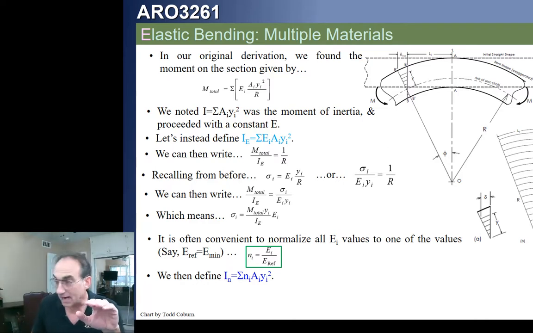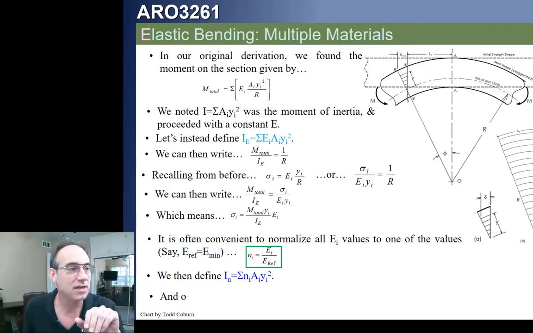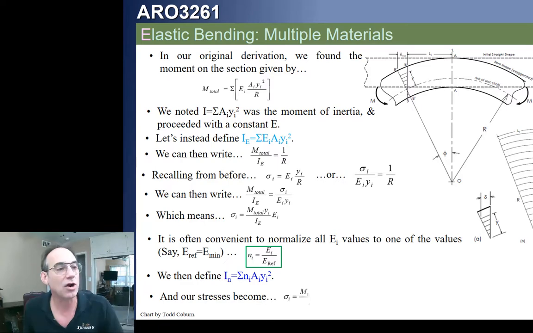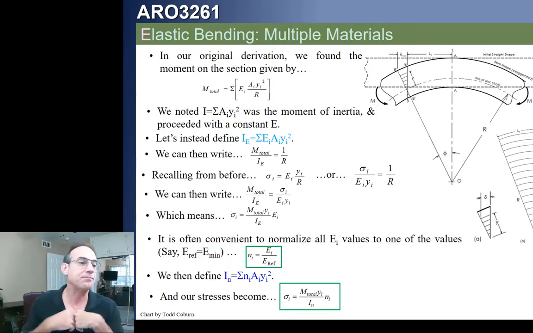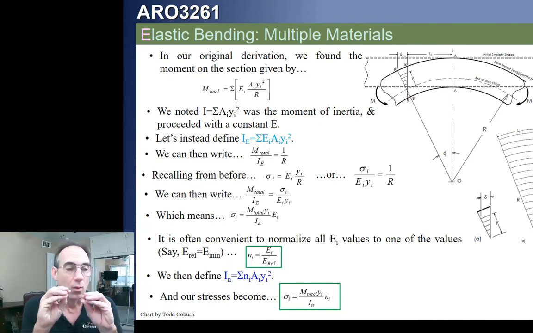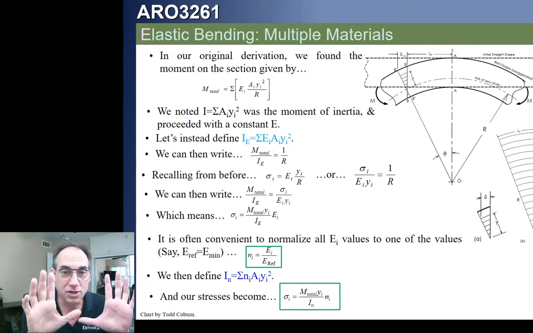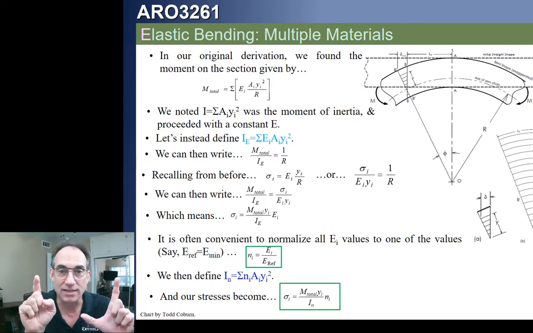Now, once we've defined this moment of inertia, we then can continue on to write our stresses as the M y over the moment of inertia times the n of each and every strip, or of the n of whichever strip we want to stress. So we're going to take the total moment on the section. We're going to look at our section. We're going to say, where do we want the stresses?